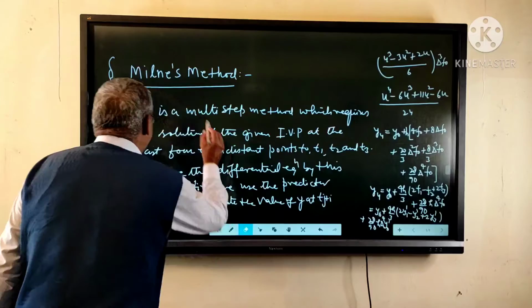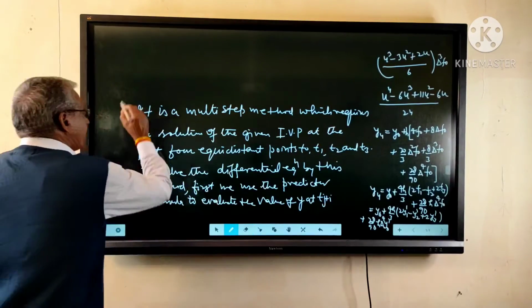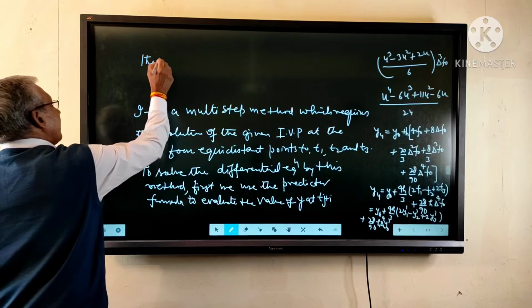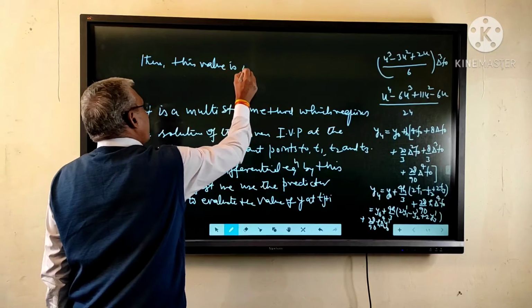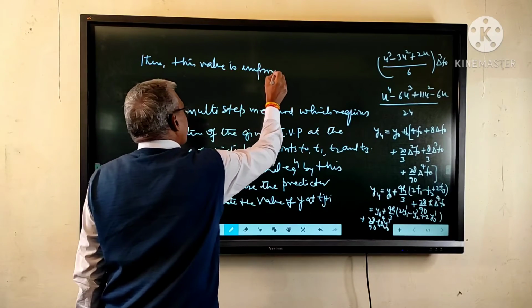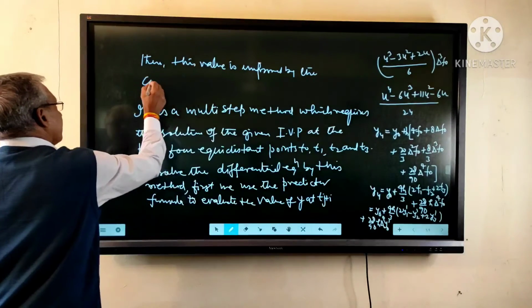Then this value is improved by the corrector formula.